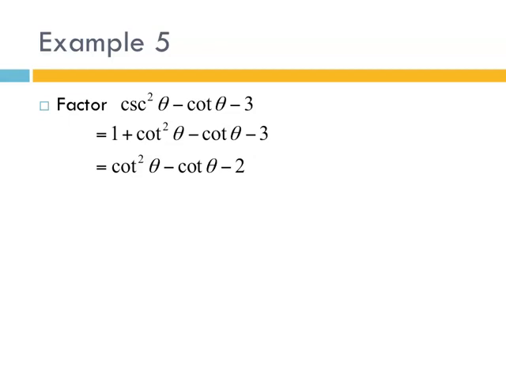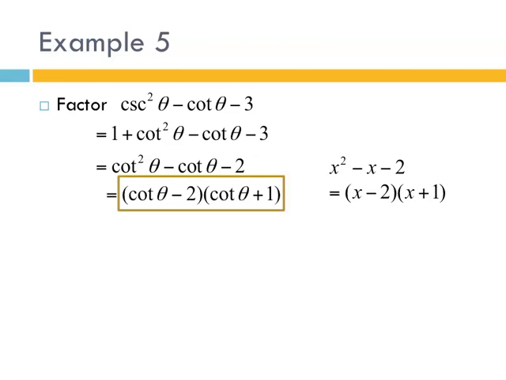Now again, you can relate this back to using x, so this is the same as x squared minus x minus 2. If you prefer to factor it that way, that's fine. But you're just looking for two factors that multiply to negative 2 and add to negative 1, so that would be negative 2 and positive 1. So that would be x minus 2 times x plus 1, or in the original form that would be cotangent theta minus 2 times cotangent theta plus 1.